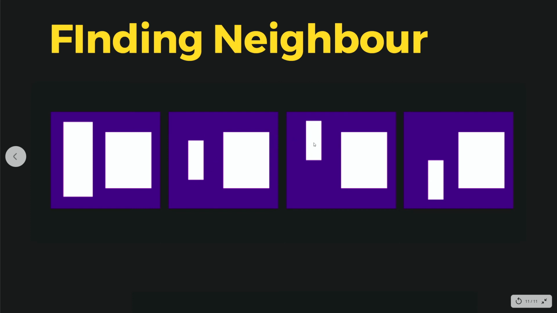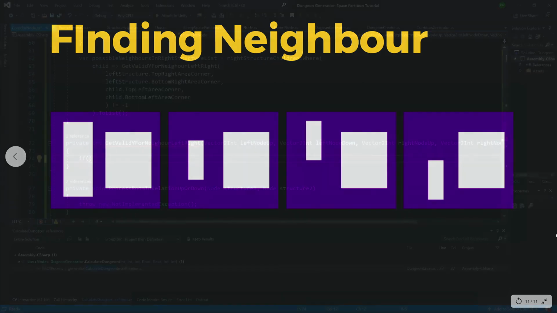Next one is that the top point is greater than any point on the right structure, but down point is in between both points of the right structure. And the reversed situation as the last example. So we need to account for all those 4 cases. So let's create if statements to check all of them.